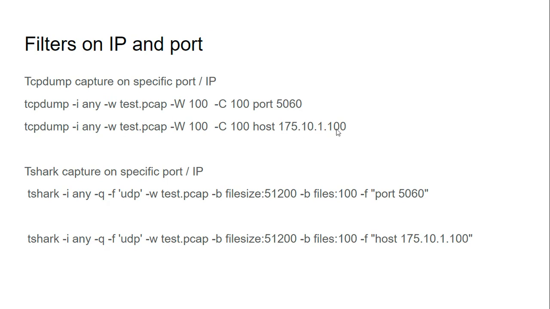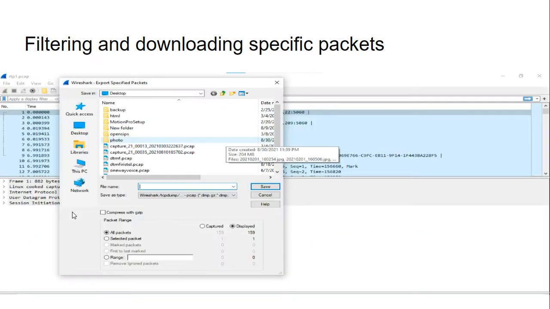Similarly, you can mention the host name or host IP. So it will capture from the specific IP only. If data is coming from hundreds of IPs, it will filter it out and store data from this IP to this file only. So this is the command for tcpdump. A similar command is here for tshark. tshark can also do the same thing.